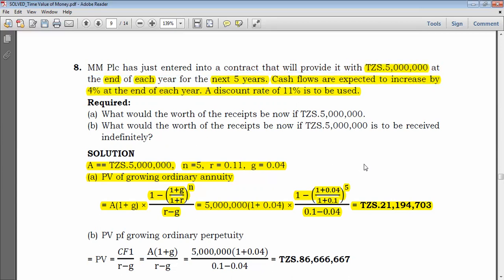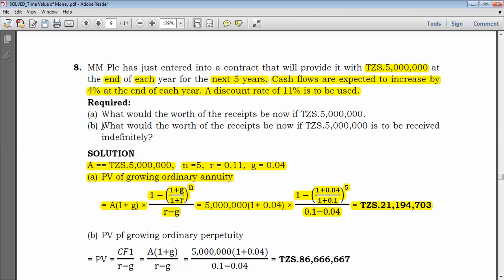The question could have said that 5 million would be received at the end of year 1. If the question stated clearly that 5 million would be received at the end of year 1, that means that figure would already be 5 million, A times 1 plus g. So there would be no need to multiply by 1 plus 0.04.